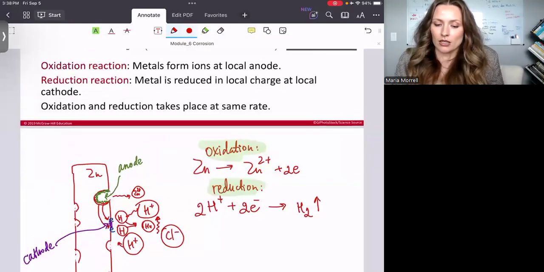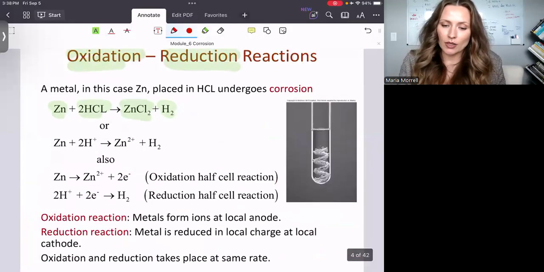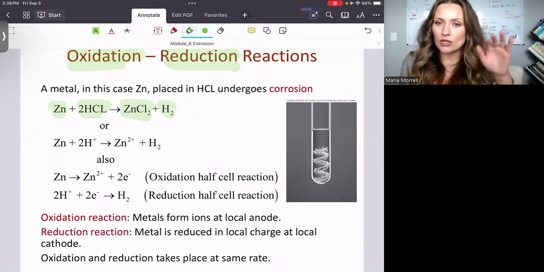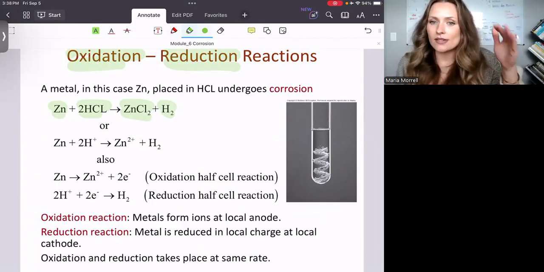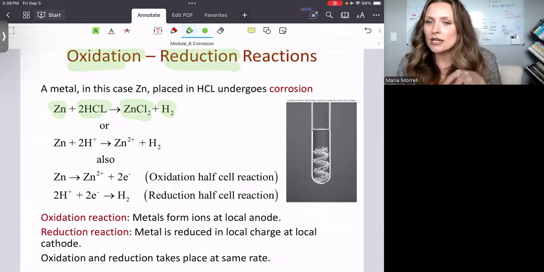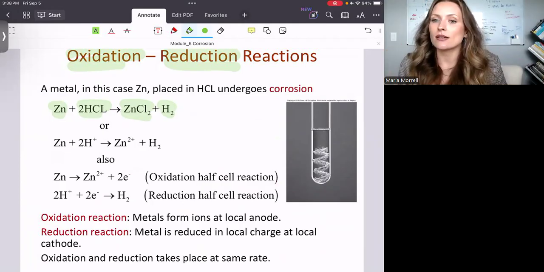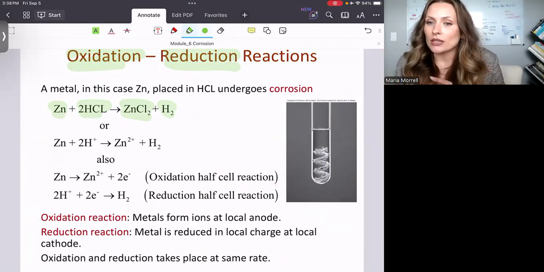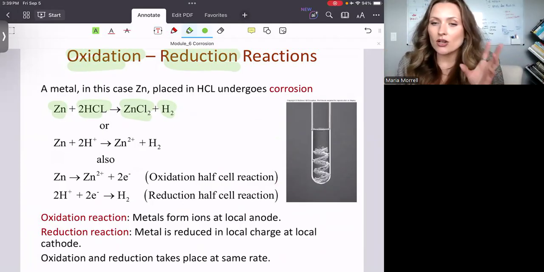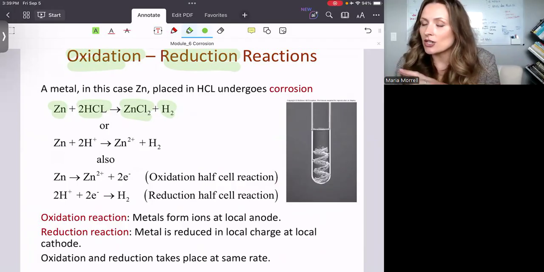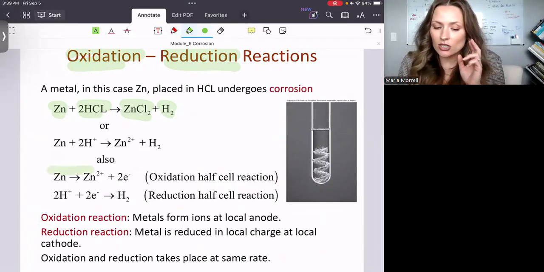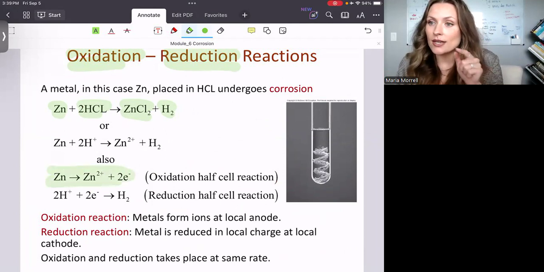Okay? So, as I just described, on top right here you can see the full reaction, where you have zinc plus hydrochloric acid, and you produce salt, and you have the formation of hydrogen gas. But most importantly, I want you to recognize the oxidation reaction and the reduction reaction, because the oxidation reaction is where corrosion takes place.